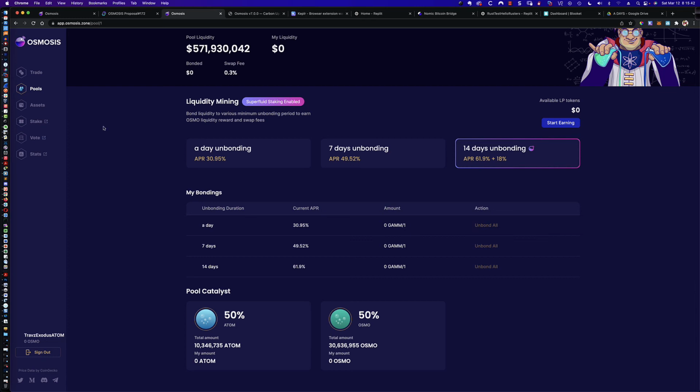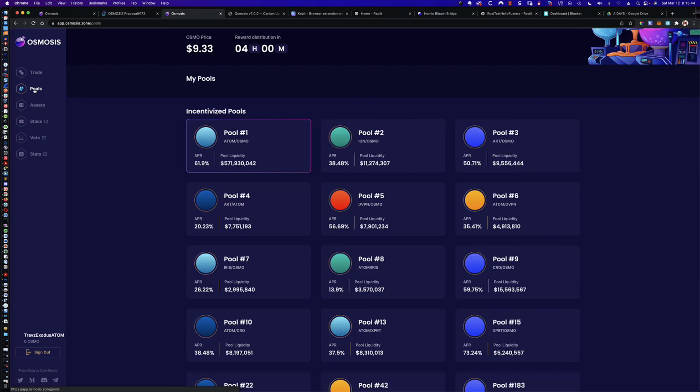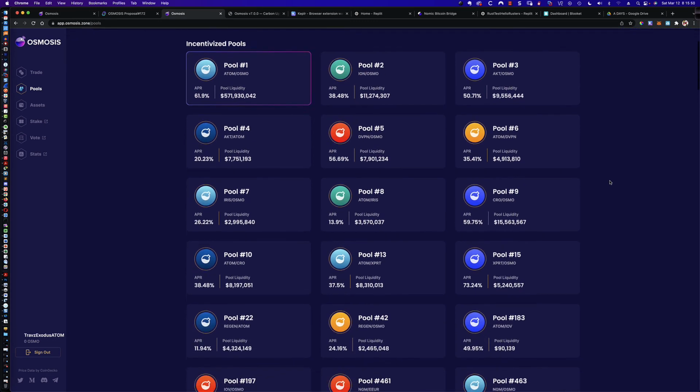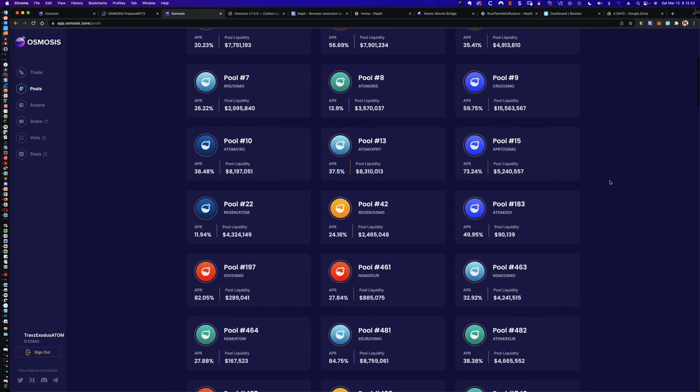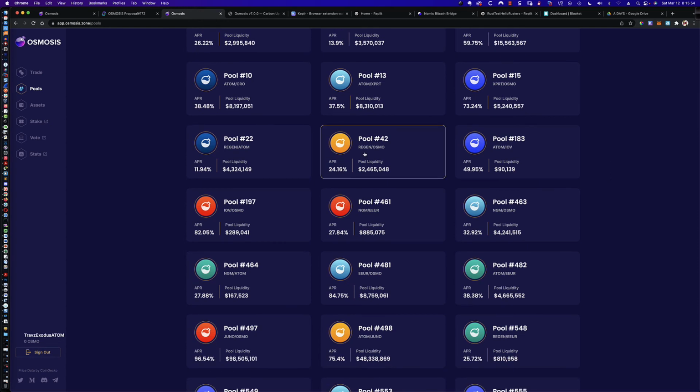And if you take a look at some of the other pools that are out there, you could enable that maybe on the Ion side or the Secret side or any of these other assets that make up the other half of the liquidity provider pair in all of these pools.